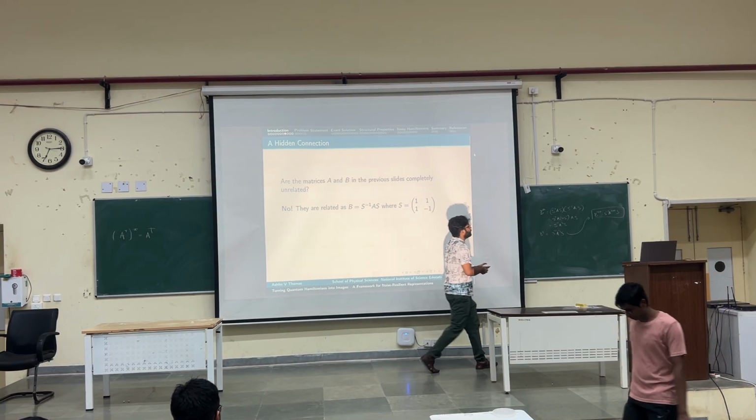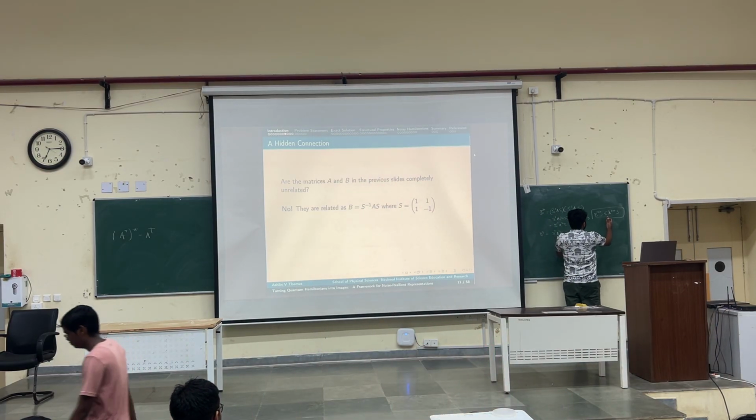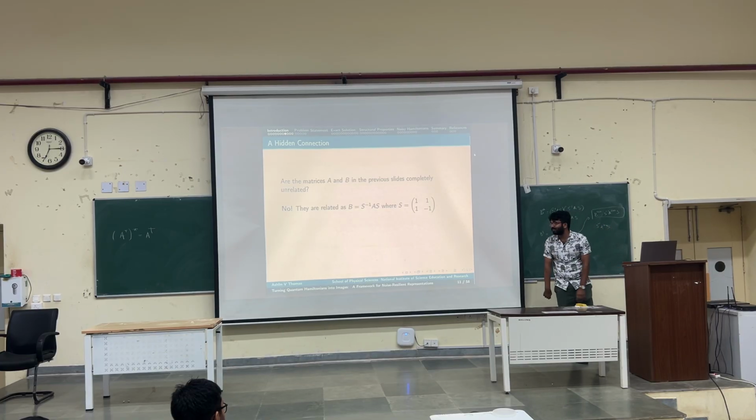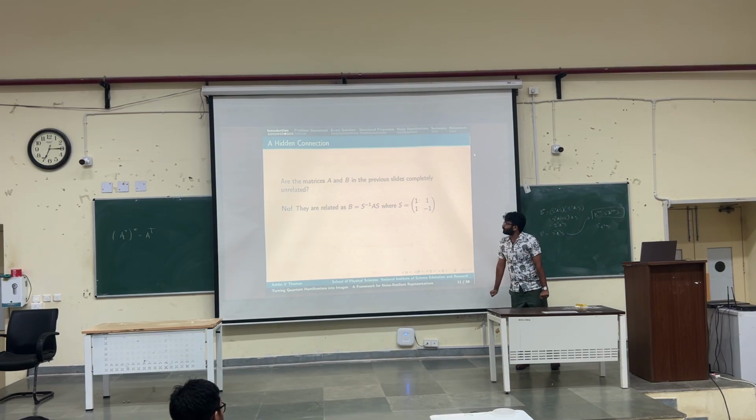How can you come back? If you compute A power 100, you move from B to A, compute A power 100, and go back by this transformation, whatever that means. Okay?